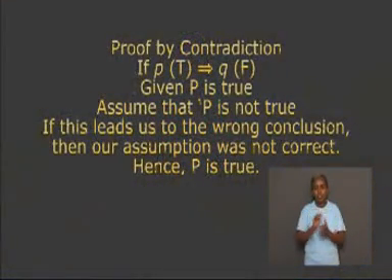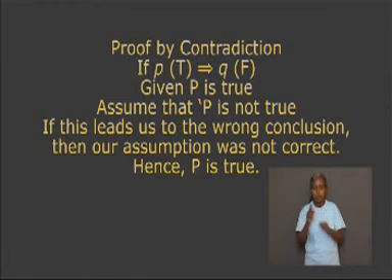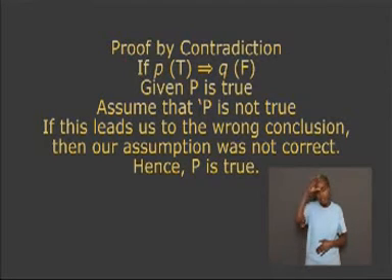There are two more methods we will study today, students. The next is called proof by contradiction. To prove that a given statement is true using proof by contradiction, we must follow these steps. First, we assume that its negation is true.